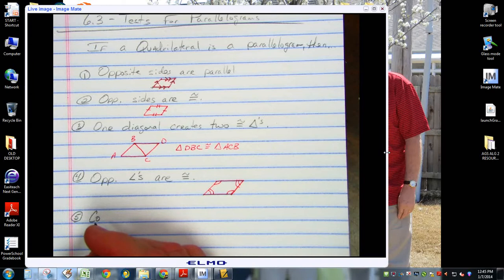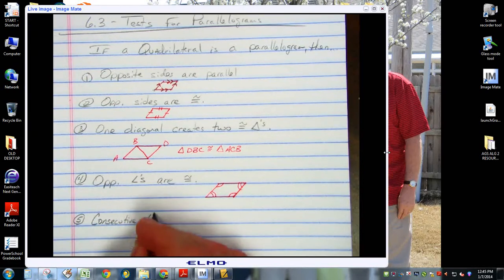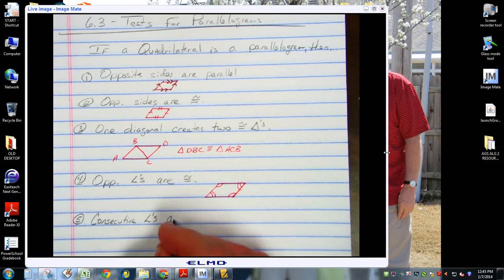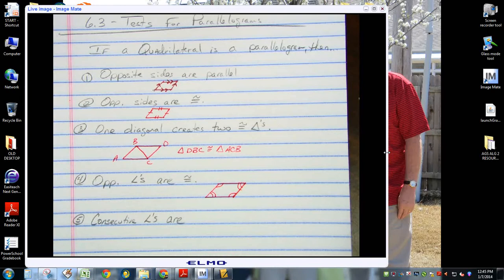Consecutive angles are what? 180. That's not the word I'm looking for, though.